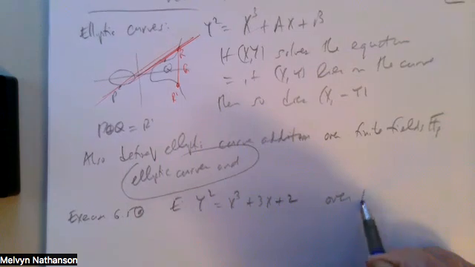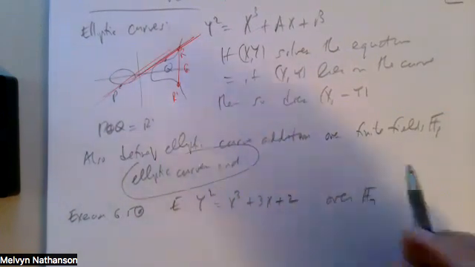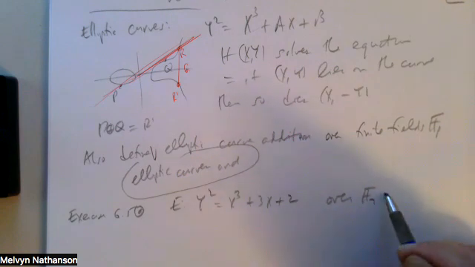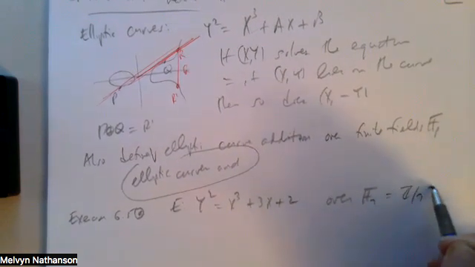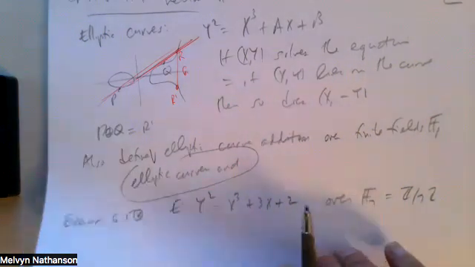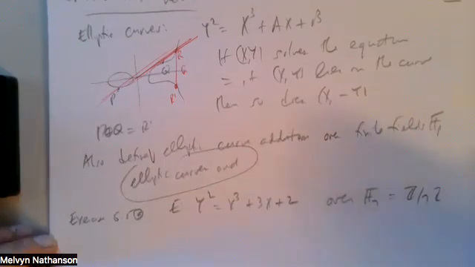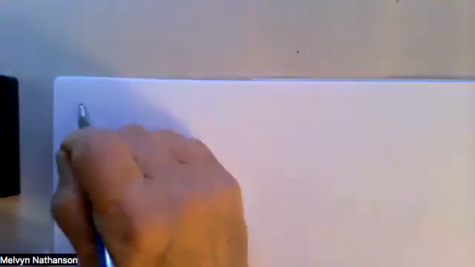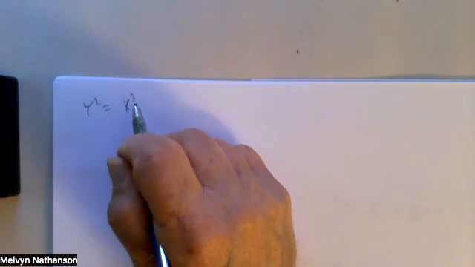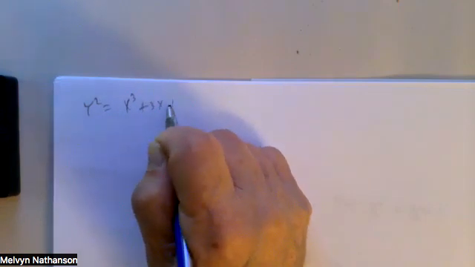And we want to study this curve over the field with 7 elements, or Z mod 7Z, if you want to write it as congruence classes. So let's actually do the calculation. So y squared equals x cubed plus 3x plus 2.